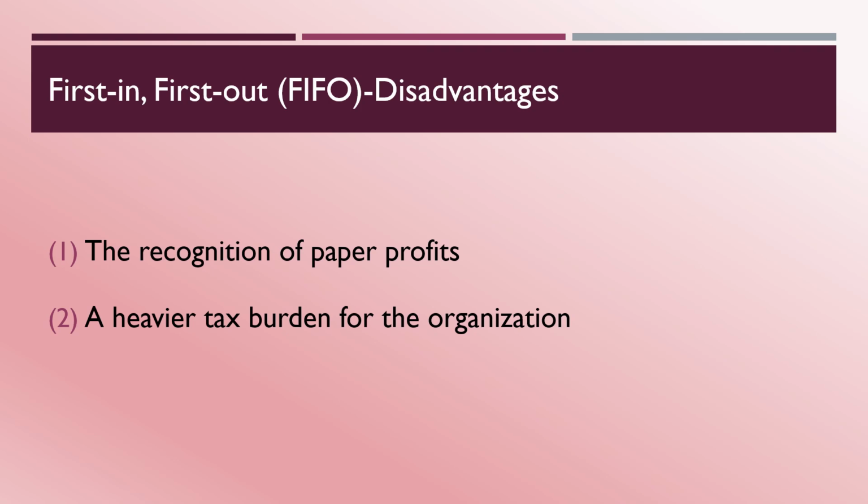Second one is, it gives a heavier tax burden for the organization. Normally, in the inflation scenario, since our profit is increased, if you are using FIFO method, the tax burden will be higher. But this may be difficult for a company to manage the expenses and at the same time to manage the taxes.